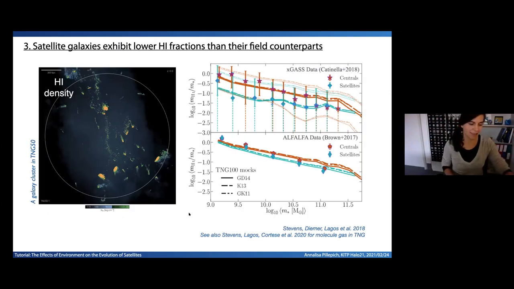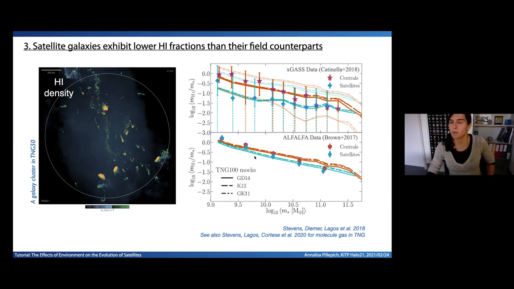The final observational fact that I want you all to be aware of: satellite galaxies exhibit lower HI fractions than their field counterparts. You can see it here: HI mass over stellar mass, in log, as a function of stellar mass. Data points are observational results from xGASS on the top, ALFALFA on the bottom, and curves are from TNG.